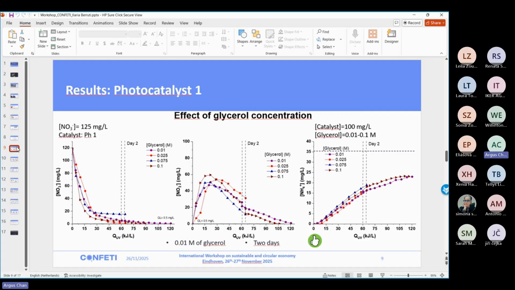And we can see here that the ammonium concentration reaches a steady state, obtaining around 9 milligrams per liter of ammonium after 2 days, out of the 35 that is the stoichiometric one.